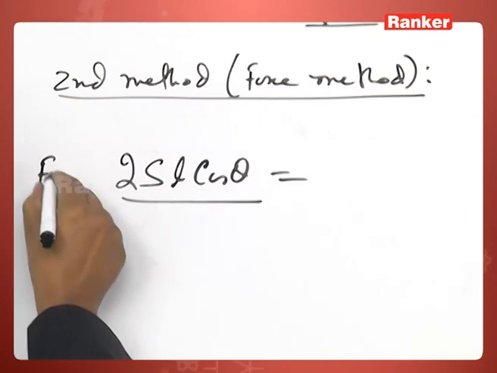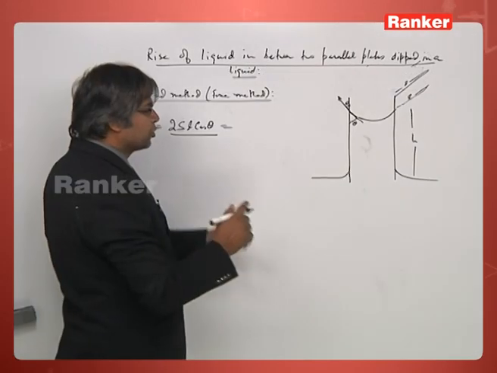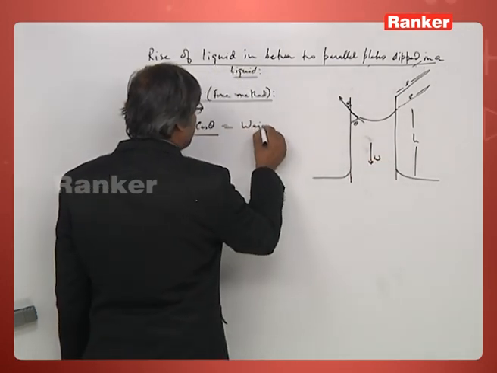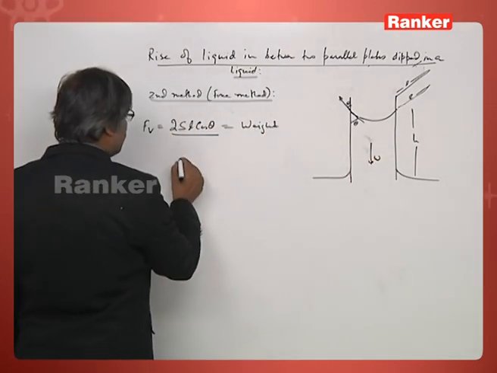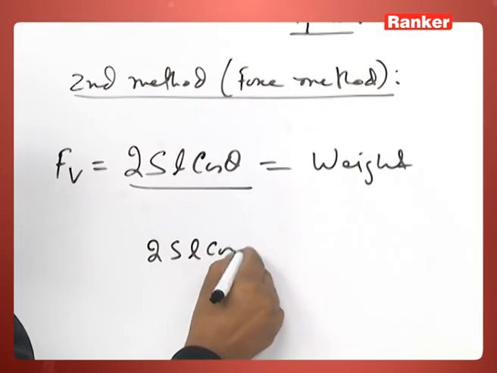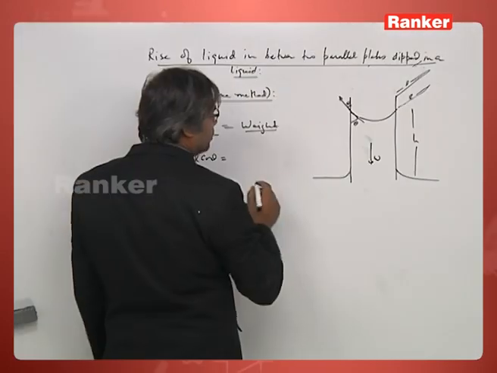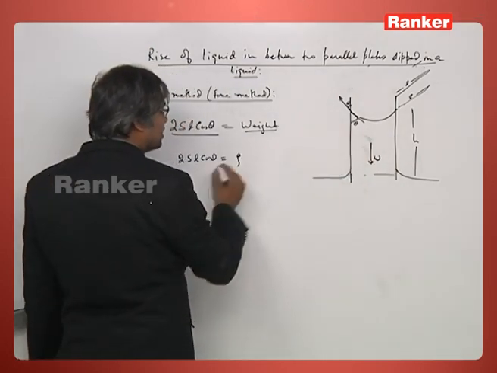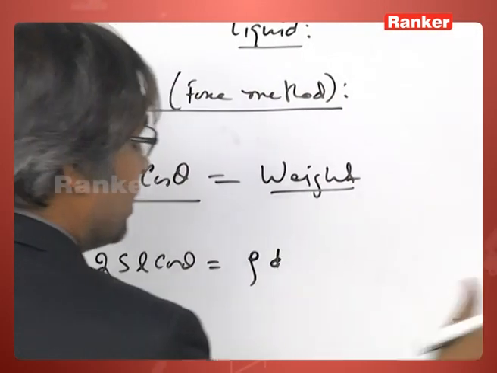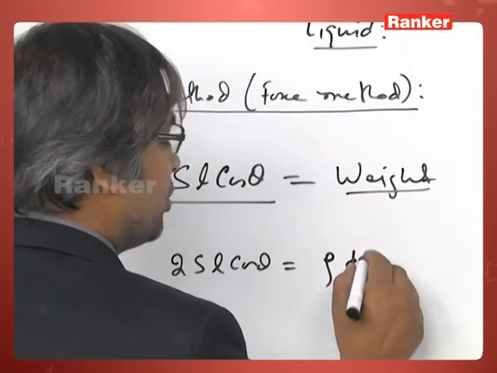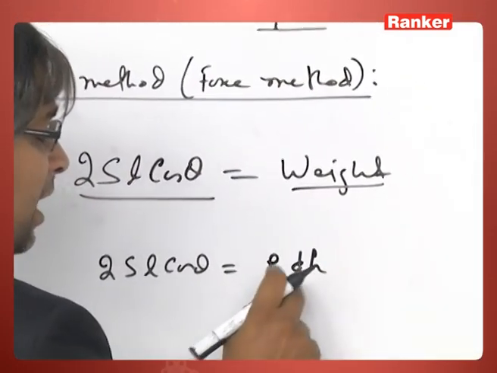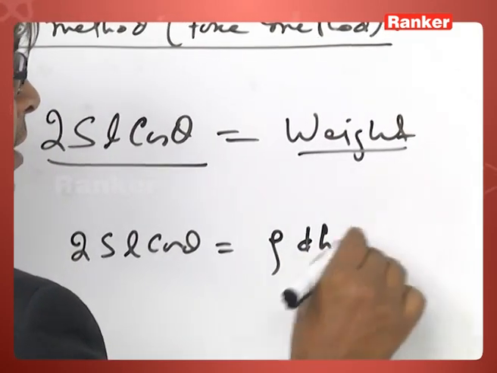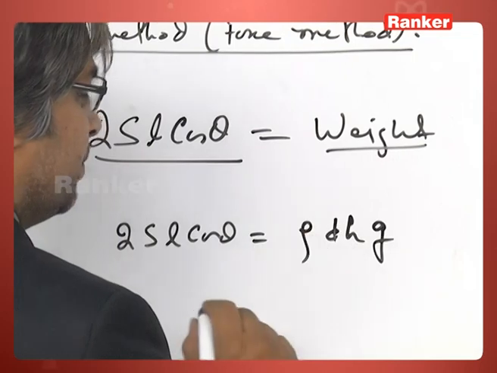So, this is the vertical force F that has to balance the weight. So, we have 2SL cos theta equal to the weight. Now, what is the weight? It means the weight of this liquid. So, density into D into H, where D into H is the area, and that is the mass, so the weight is mg.